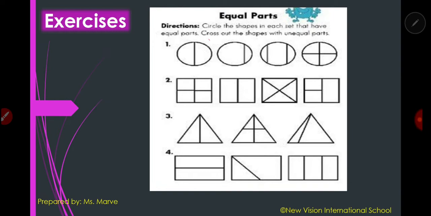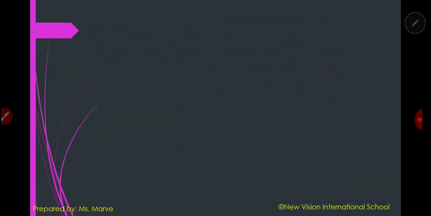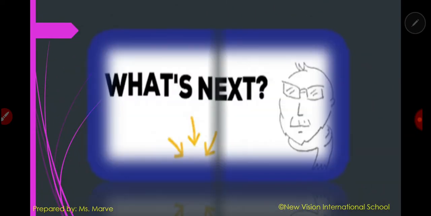Okay, here's my answer. X, X, circle. Now I want you to answer numbers 2, 3, and 4 alone. You can take a picture with your answer and then send it to our group. Okay, do not forget that.